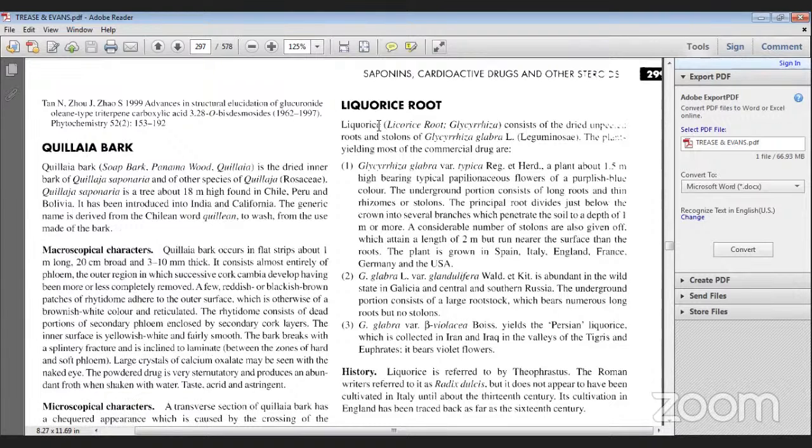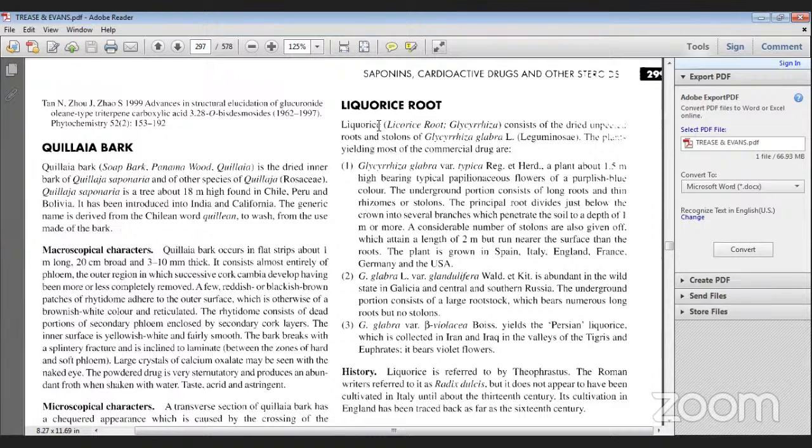And there are different species or varieties of liquorice: Glycyrrhiza typica and Glycyrrhiza glandulifera.